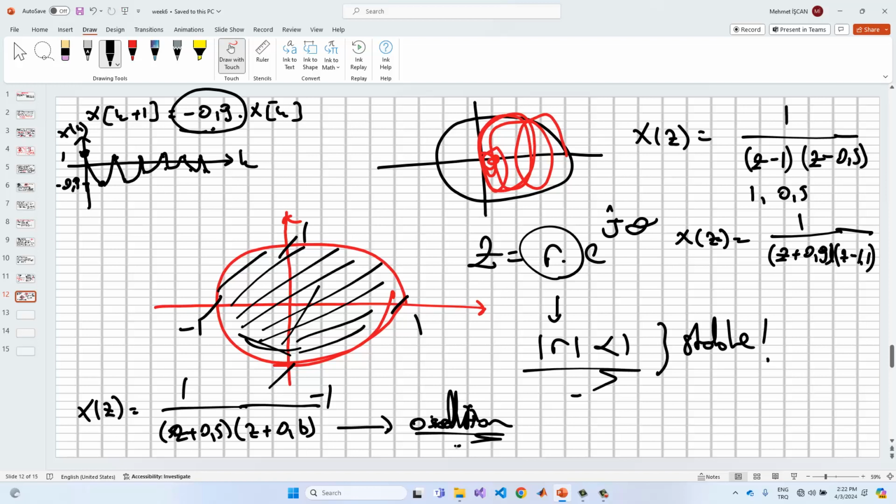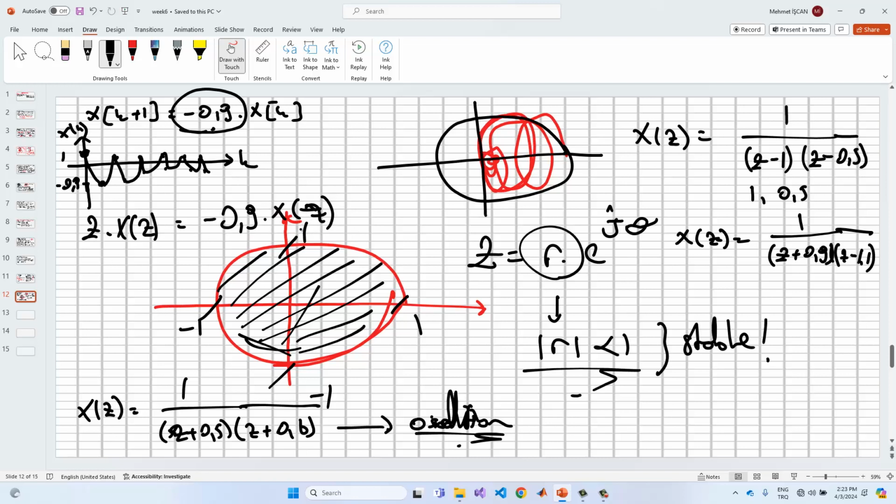If you are using a different sampling period in here, we can say that this system is stable if the magnitude, or the hypotenuse of the Pythagorean triangle, is smaller than 1, because in each case we have this signal just like this one. Just remember that this is the z times z minus 0.9 times z, right? This is the basic representation of these terms.